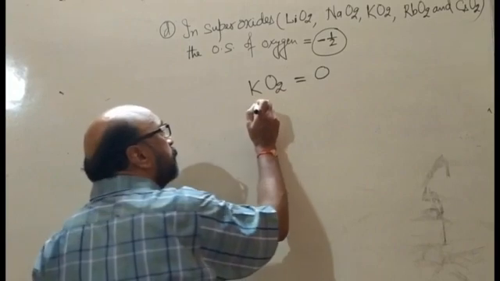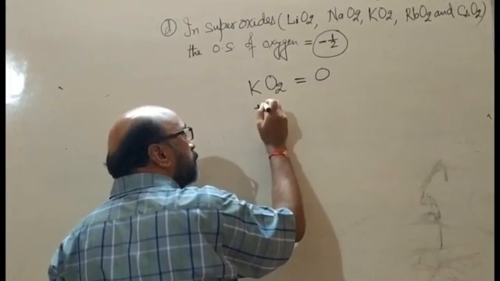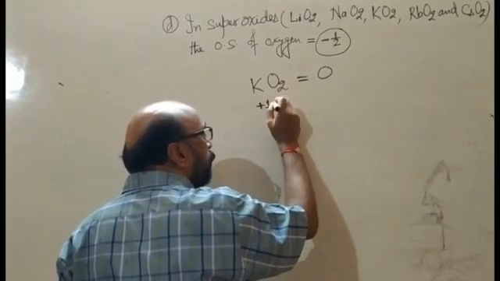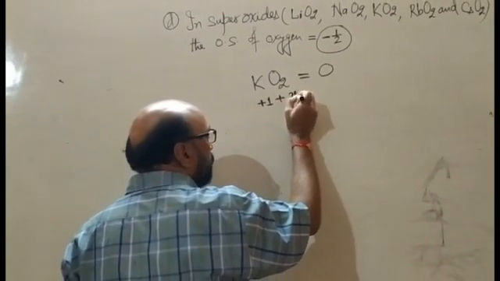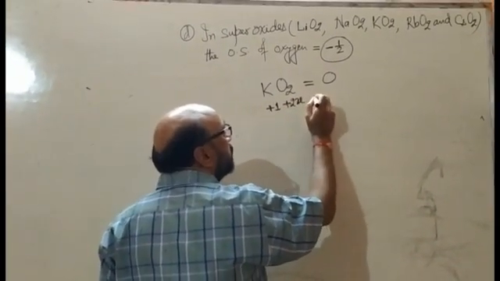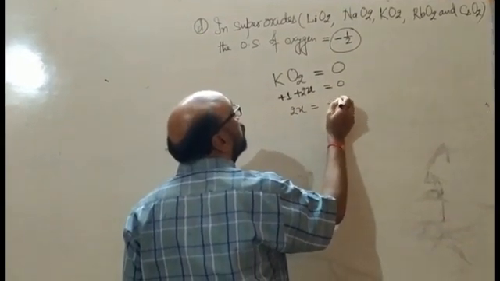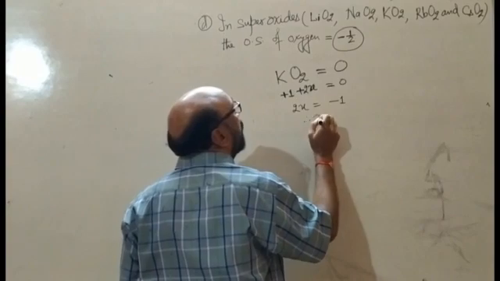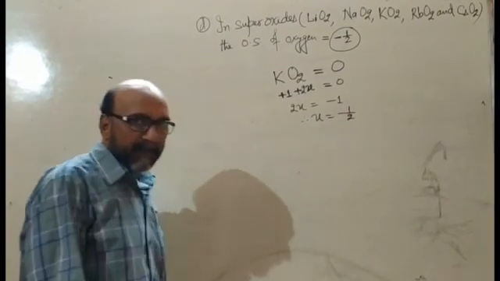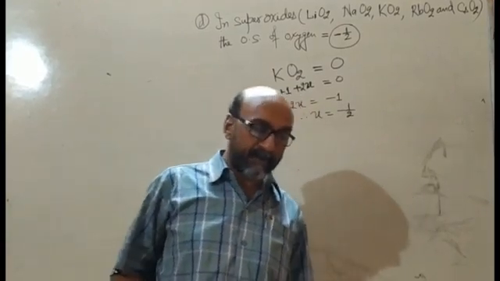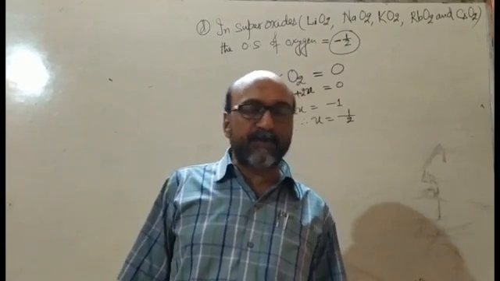The potassium is plus 1, and let the oxidation state of oxygen be X per atom of oxygen. So 2X plus 1 is equal to 0, so 2X is equal to minus 1, therefore X is equal to minus half. This is all about the exceptions under the rule of oxidation state of oxygen.